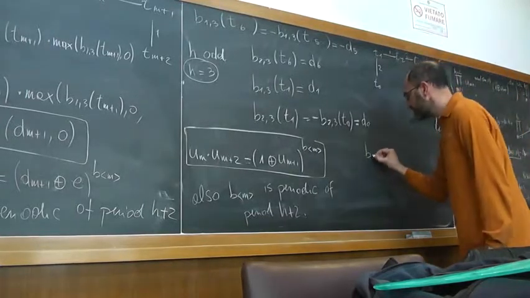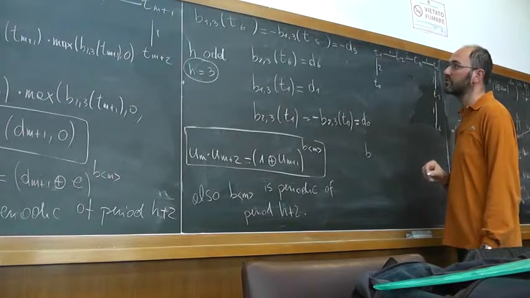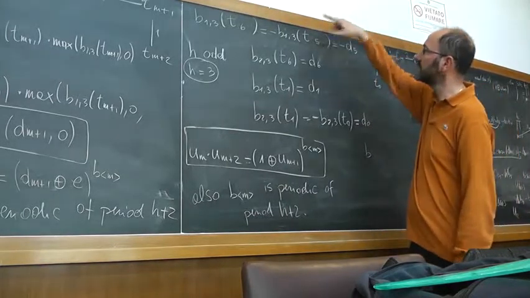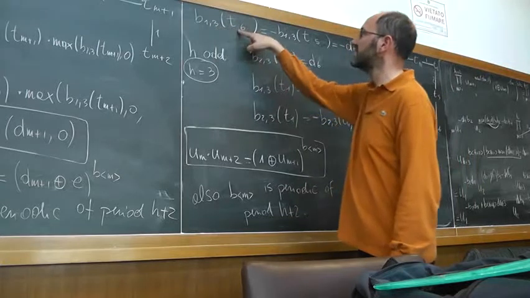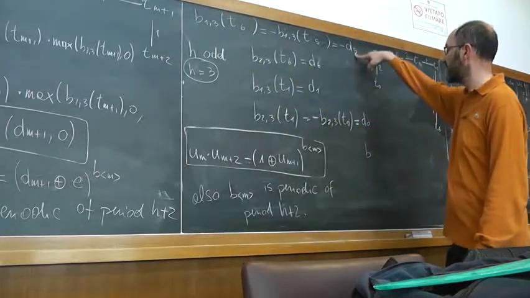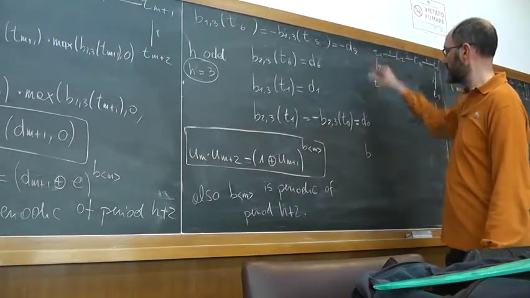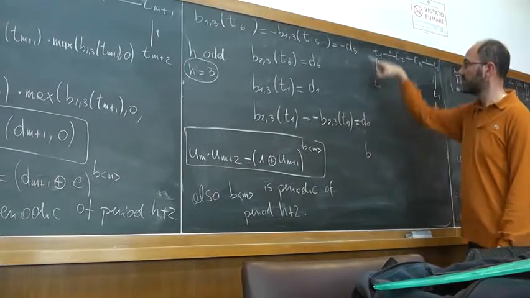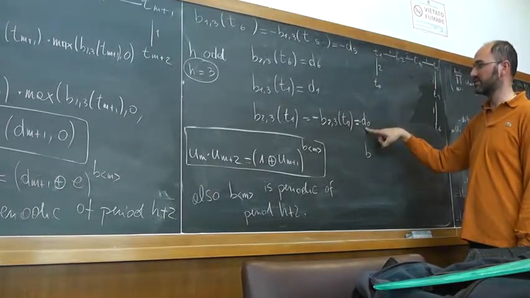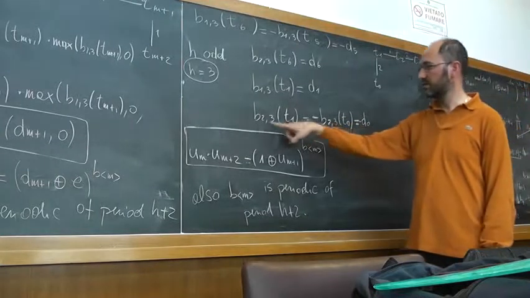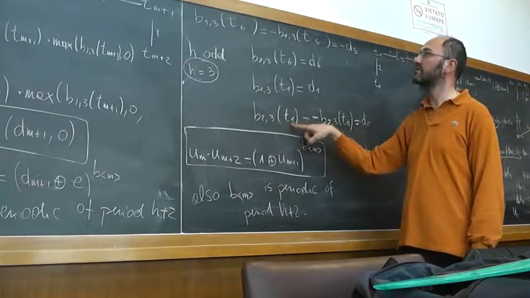So we have what we have to prove. B13 of T6, which is minus D5, this is equal to minus D0, and this is B23 of T1.